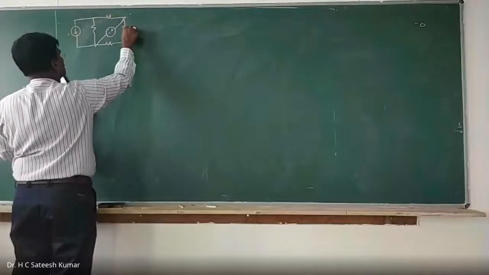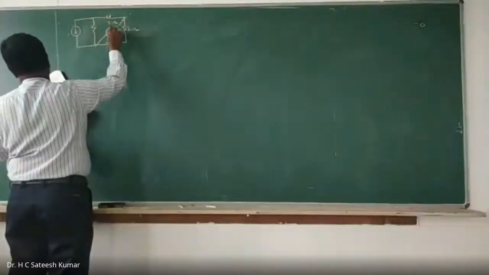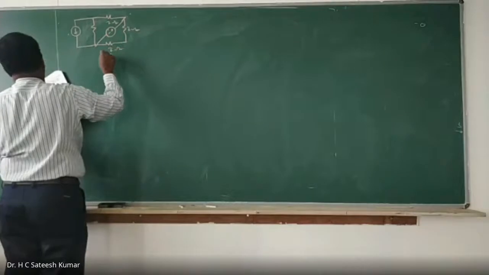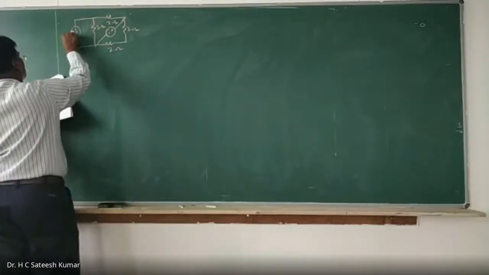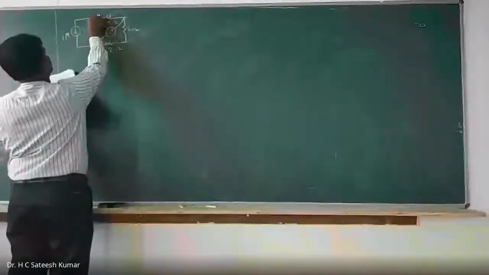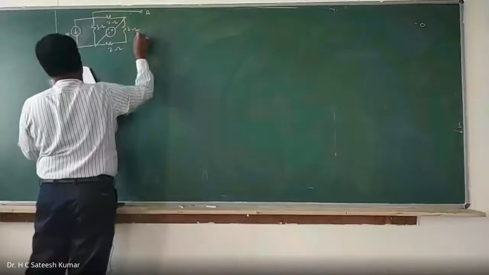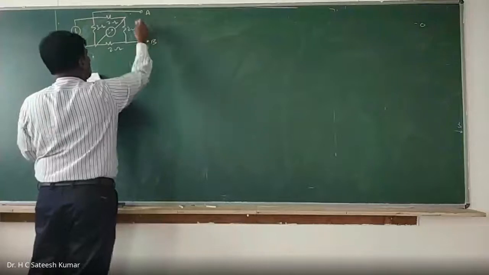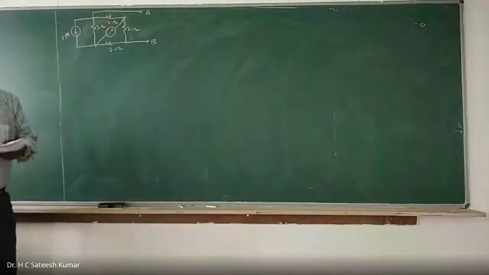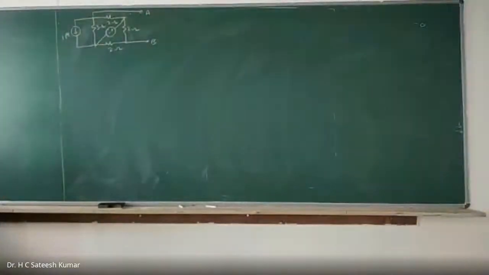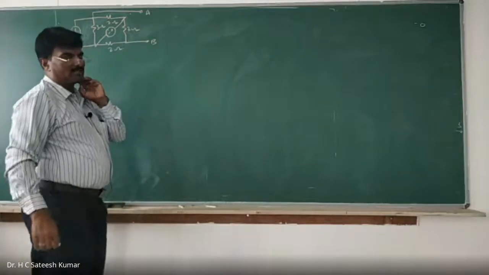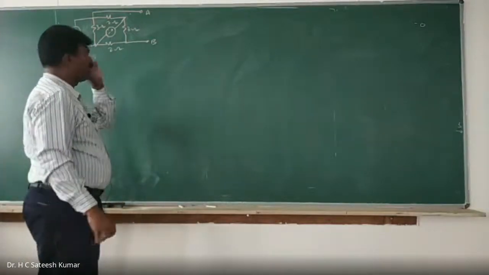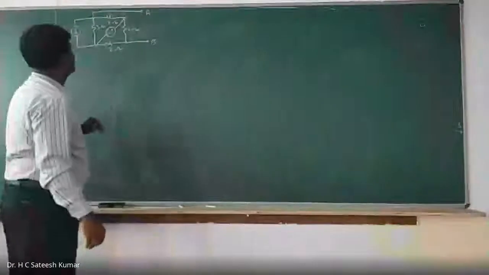Two ohms, 3 ohms, 1 amp. This is A, this is B. So the 1 ohm resistor we have to connect, and find out the current flowing through that. He has not written it there, but he has said to find the current through the 1 ohm resistor connected across the terminals AB. That means you can connect it afterwards, and we'll identify using Thevenin's. That's what the question is.